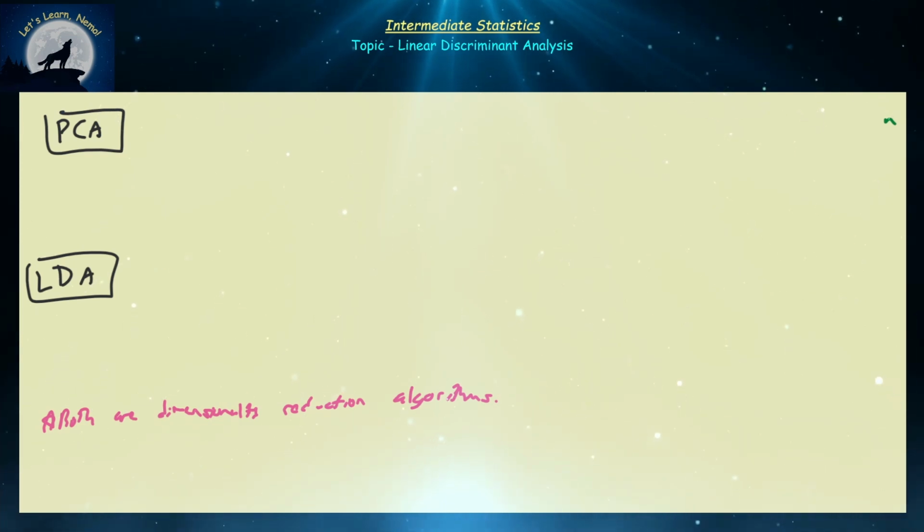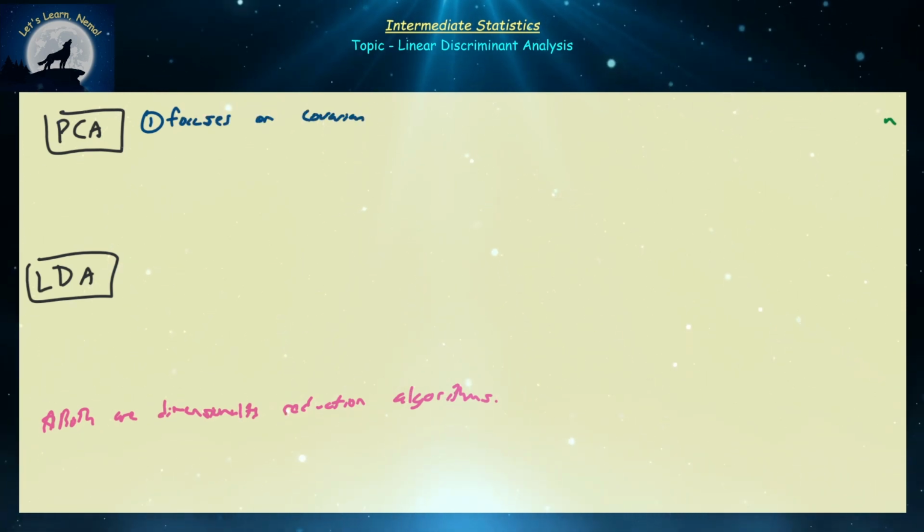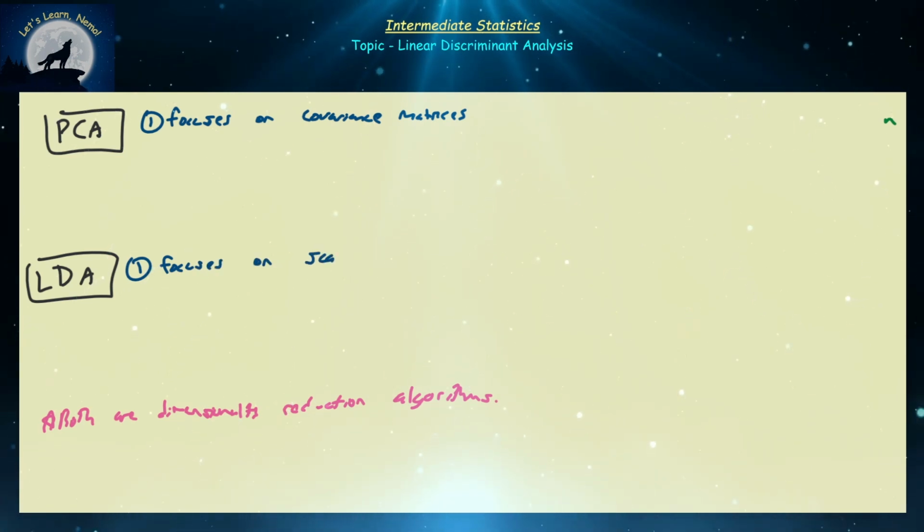What does PCA do? It focuses on covariance matrices, whereas linear discriminant analysis focuses on what we call scatter matrices, which is focused on the separability or the classification of those data sets.